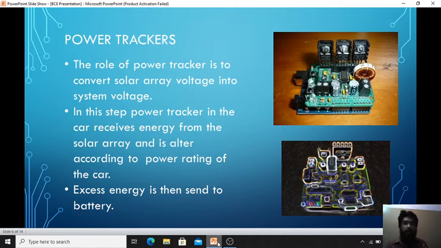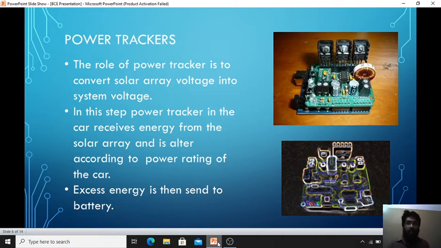So in this step, the power tracker in the car receives energy from the solar array and is altered according to the power ratings of the car. Means the power tracker receives energy from the solar panel and changes it, or allocates the energy to different parts of the car as required or as intended by the user.